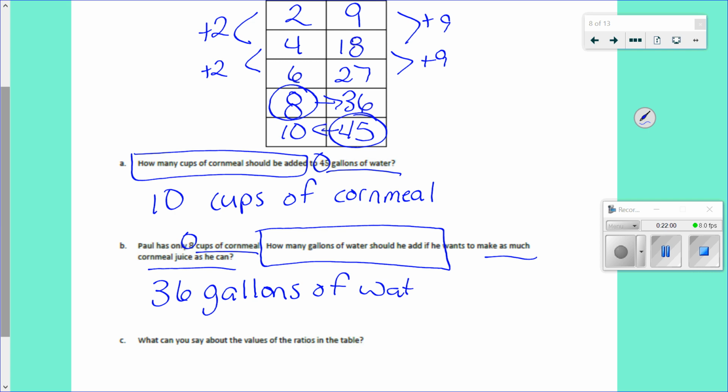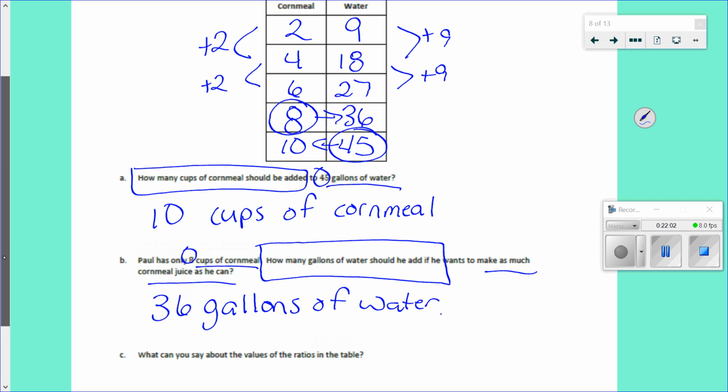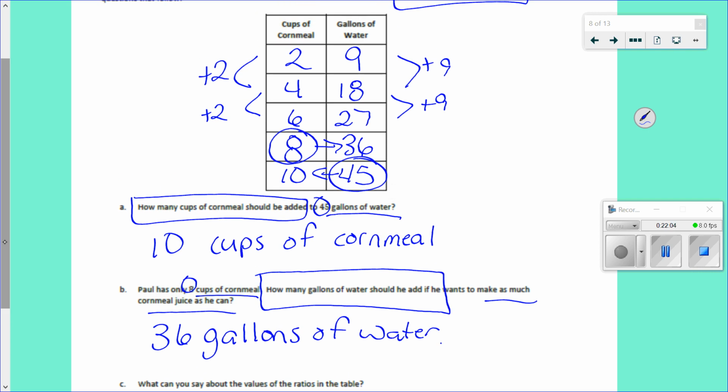Now, lots of people had trouble with C. So let's look at it. 2 to 9 is already in simplest form, yes? If I simplify 4 to 18, what does that simplify to? 2 to 9. If I simplify 6 to 27, what does that simplify to? 2 to 9. What about 8 to 36?